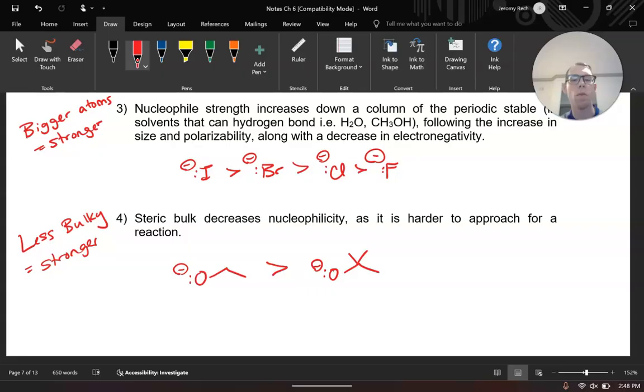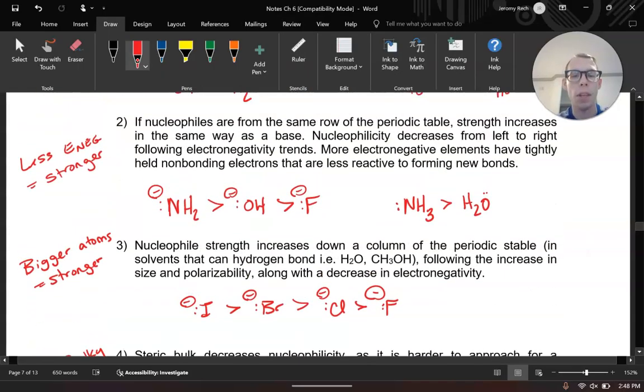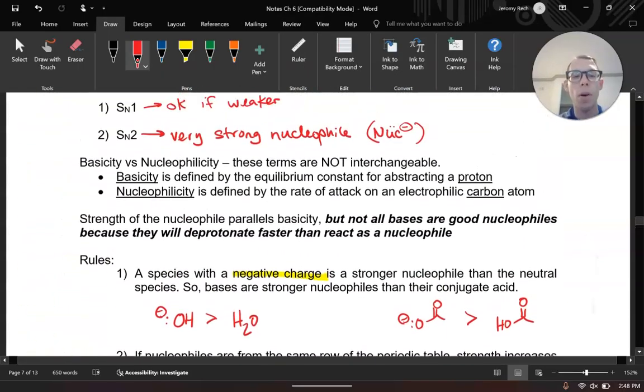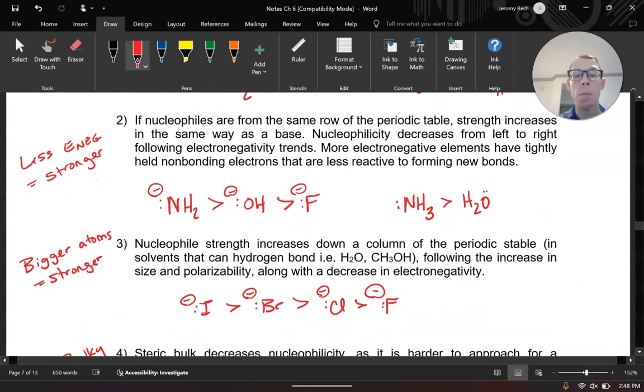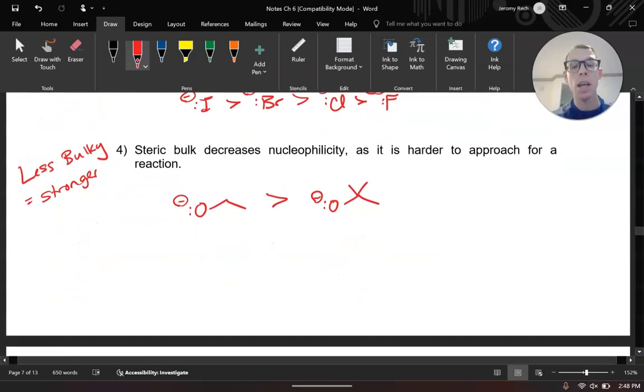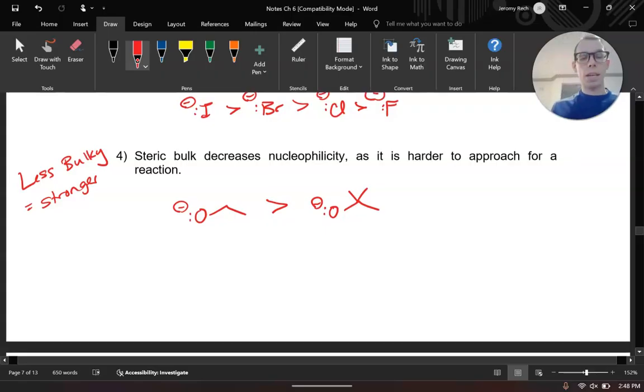These are four key criteria that we think about when deciding what makes a good nucleophile. And when we're thinking about strong nucleophiles, we're really thinking about SN2. If you're comparing two different species, like these two at the end, and one was going to go SN2 and one was going to go SN1, the one that's the stronger nucleophile will favor your SN2.